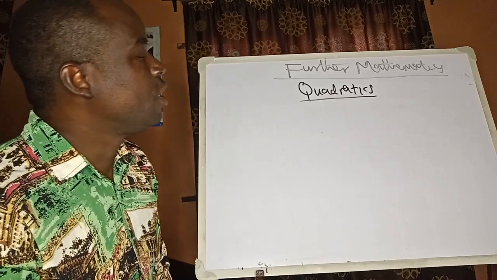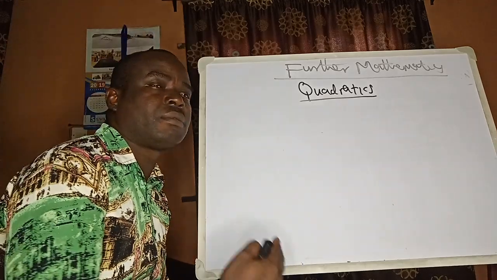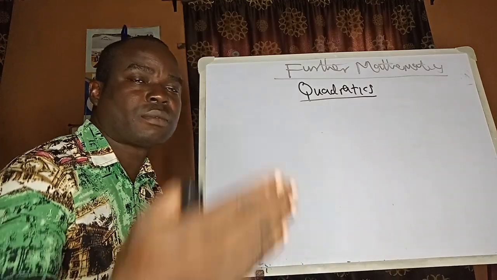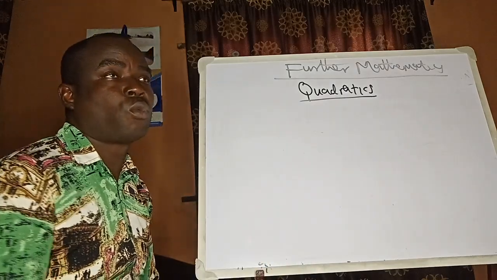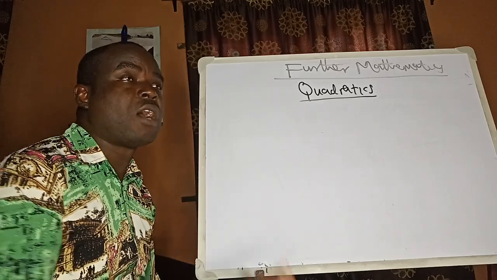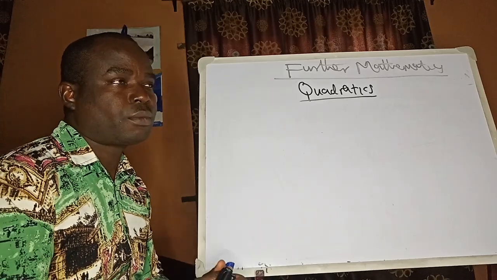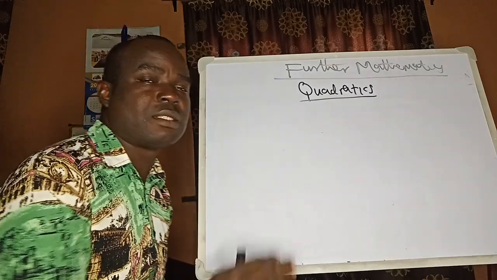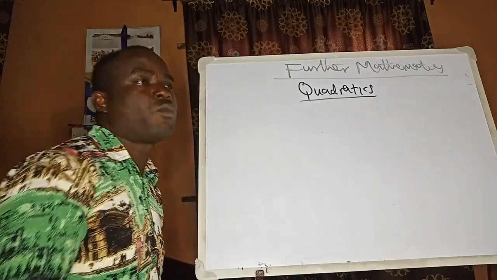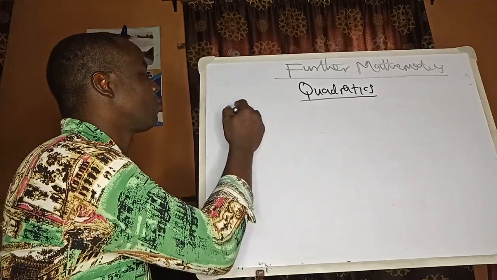Now, we are in the concluding section of the quadratics as a topic. We've discussed a lot of things. So now we want to look at miscellaneous examples under this topic. Very quickly, let's look at this question.